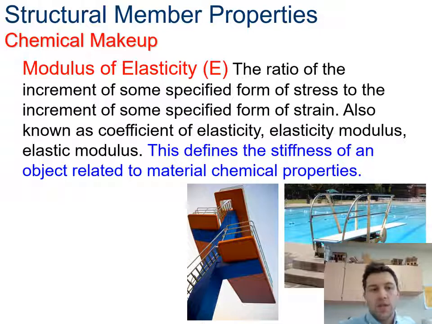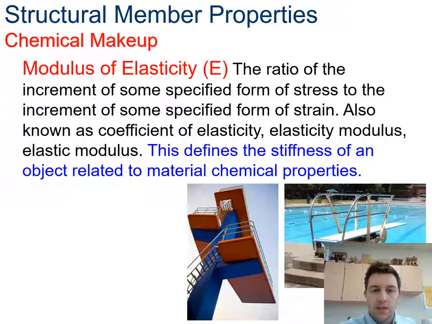So modulus of elasticity, symbolized by the capital letter E, is the ratio of the increment of some specified form of stress, and we won't go into that anymore. Basically, modulus of elasticity is the stiffness of an object due to its material chemical properties.